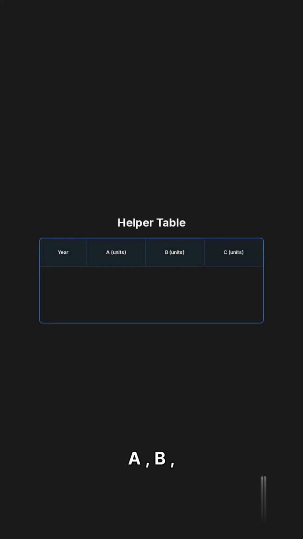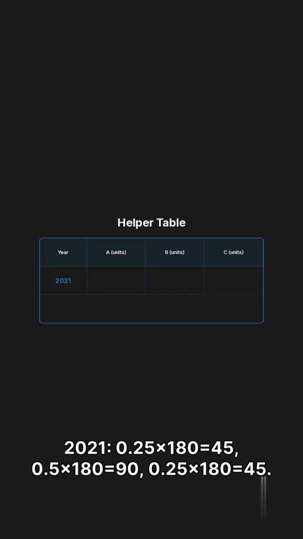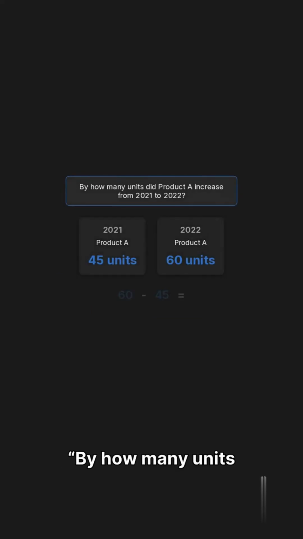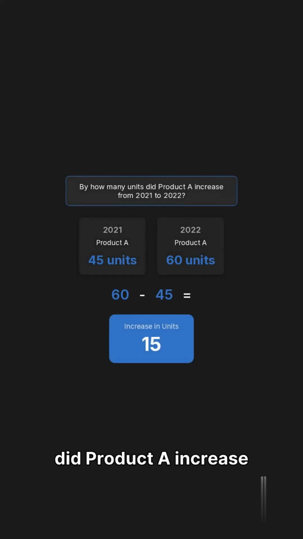Year, A, B, C. 2021, 0.25 times 180 is equal to 45. 0.5 times 180 is equal to 90. 0.25 times 180 is equal to 45. 2022, 60, 90, 50. Now, any question like, by how many units did product A increase from 2021 to 2022? You just do 60 minus 45 is equal to 15.